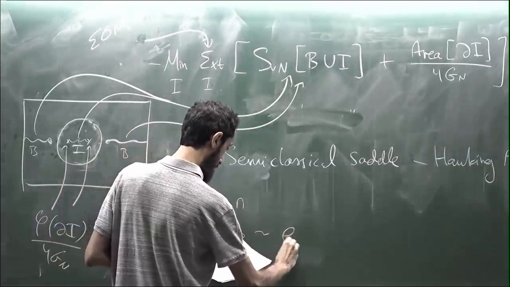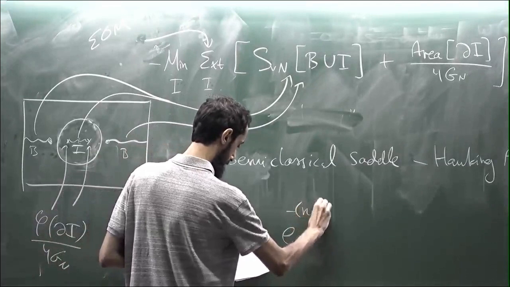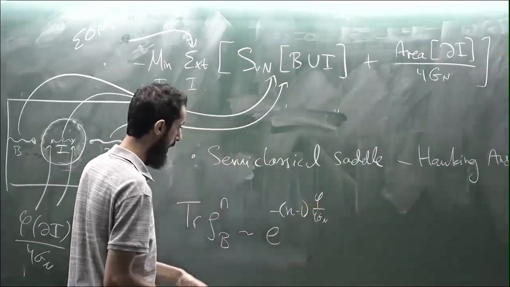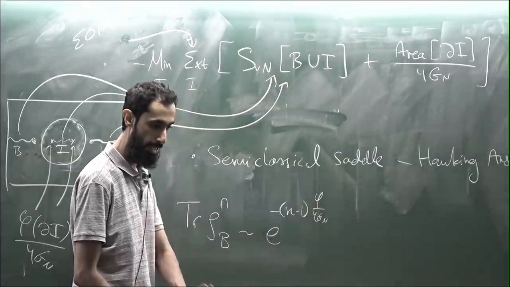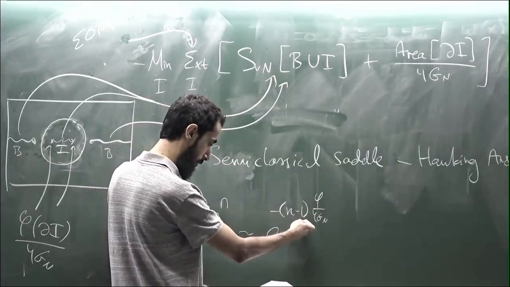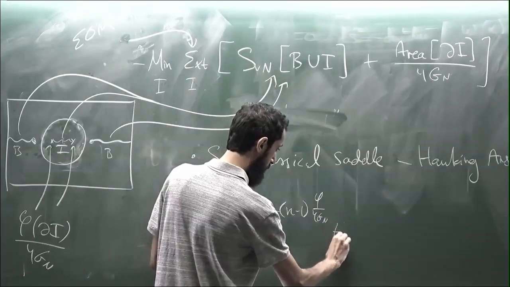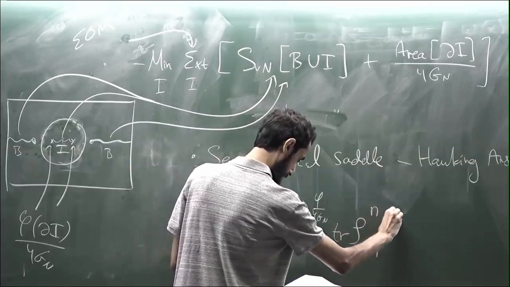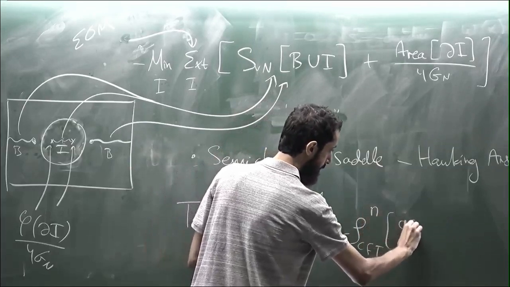First of all, this is something like e to the minus (n minus 1) phi over 4G Newton. Now I'm going to work near a gravitational saddle, so this comes from the gravitational equation of motion, plus trace rho CFT^n on this saddle.